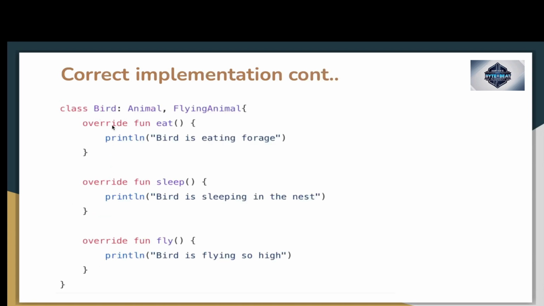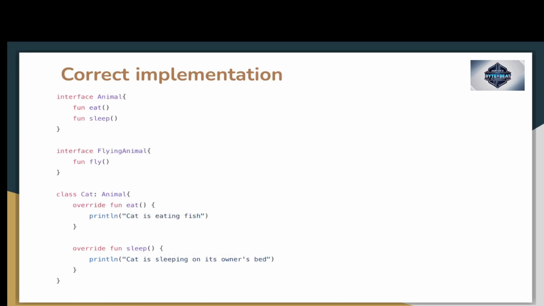Then we have a bird class that is implementing both the interfaces, animal and flying animal, because the bird class needs the fly method also, that's why we are using the flying animal interface too. So eat, sleep and fly. Here you saw how we have solved the problem of the fatty interface.